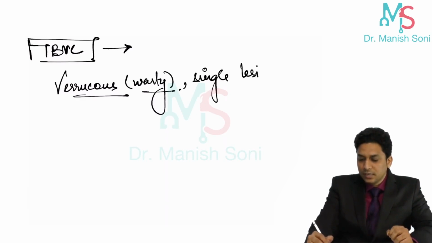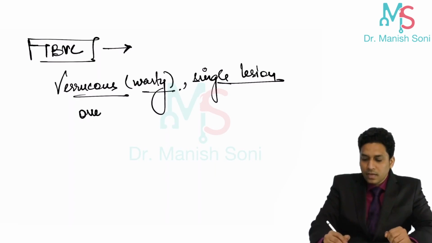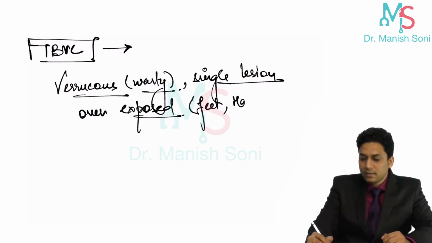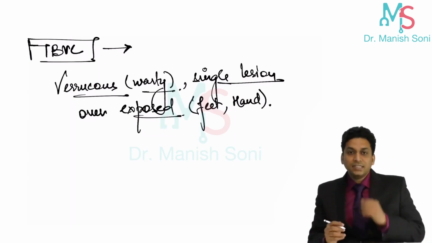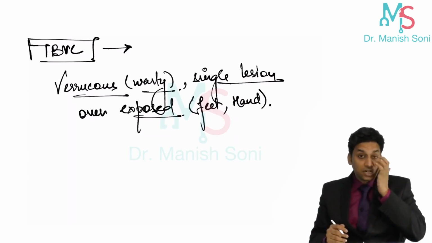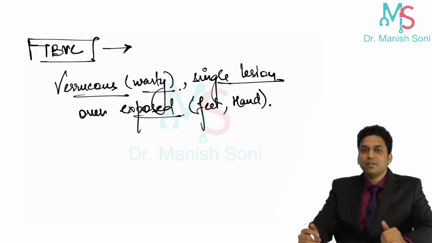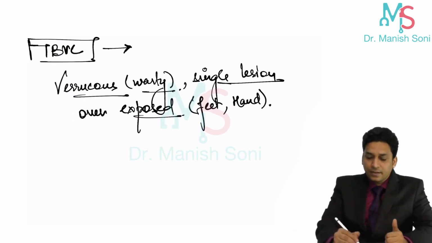Generally the lesion is single, over exposed areas like feet or dorsum of hand. These are the common sites where these lesions start developing.